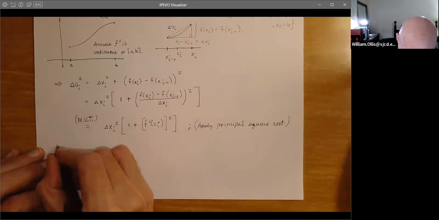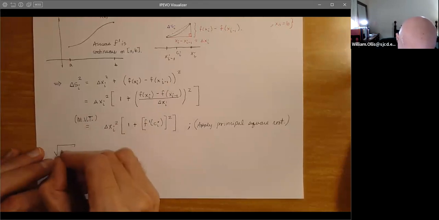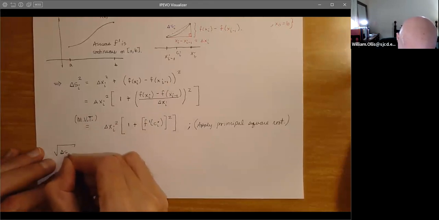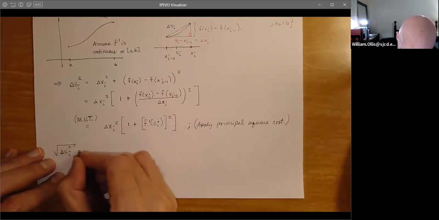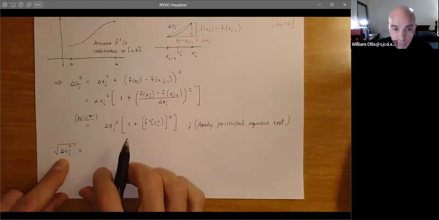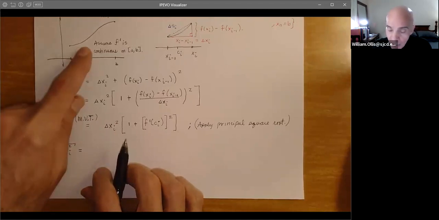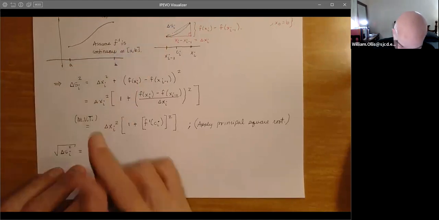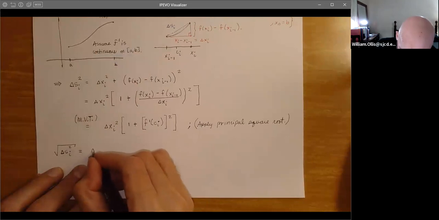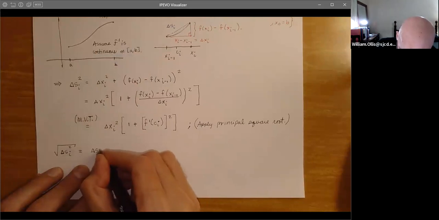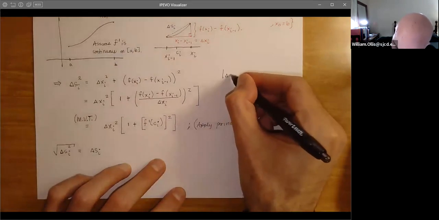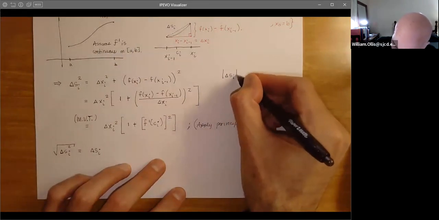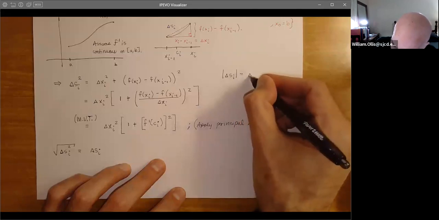So this will be the square root of delta s sub i squared. But again, that's the absolute value of delta s sub i, but delta s sub i is a non-negative quantity. So we can just replace this with delta s sub i. So we can say here, the absolute value of delta s sub i is itself delta s sub i.